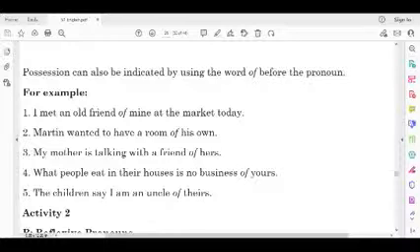So that pencil belongs to a friend of mine. That is so nice. So you can see that the preposition of has been placed before the possessive pronoun mine.